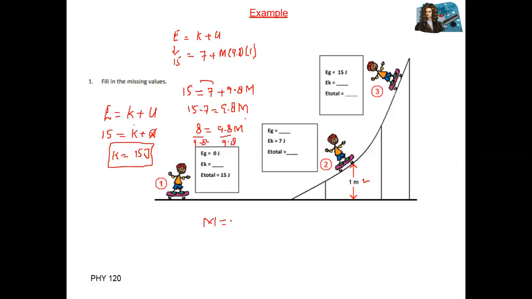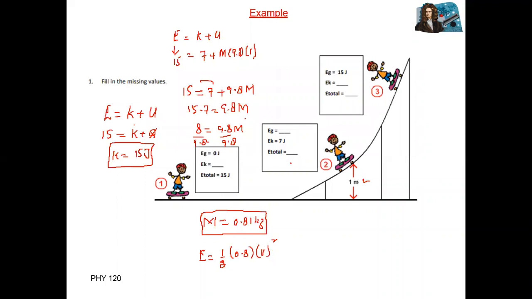So mass is equal to 8 divided by 9.8, which is 0.81 kilogram. Now you can find kinetic energy. How? Because E is equal to half mass times v square. But we don't know about speed.